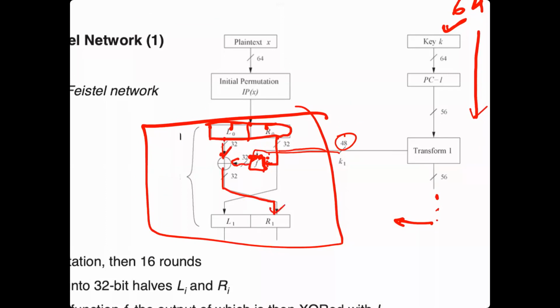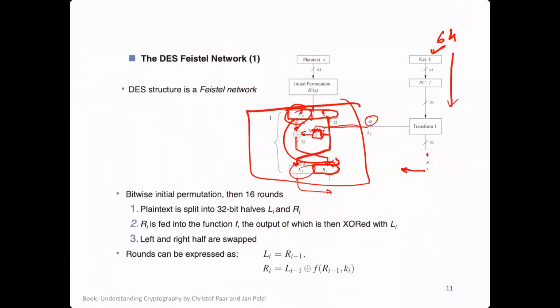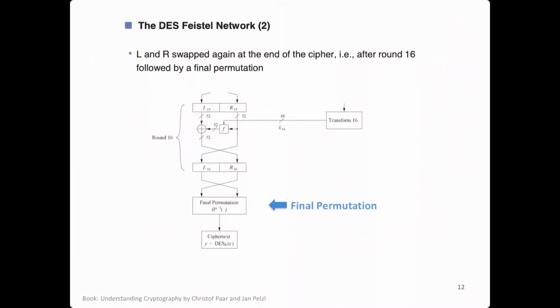So now you can see that the left side of the data is transformed, and the right side of the data remains as is. In the next round, this data will get transformed, and so on and so forth, and we repeat this 16 times. Then we do the final permutation.